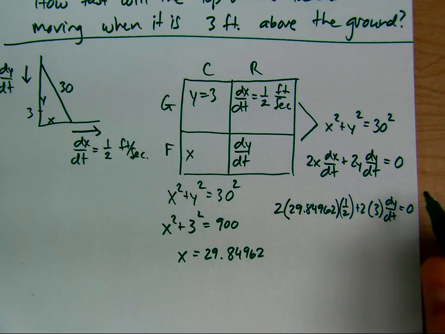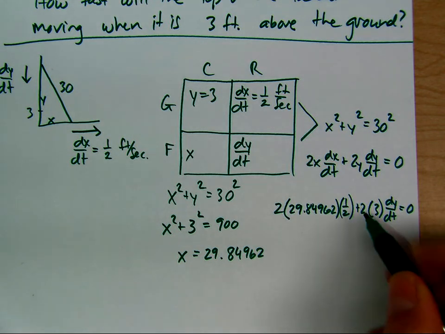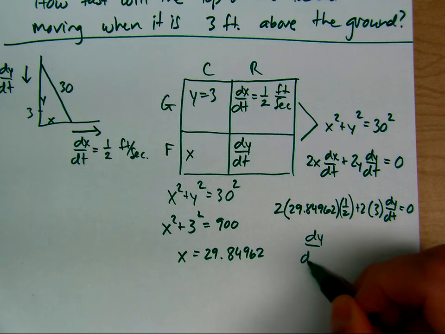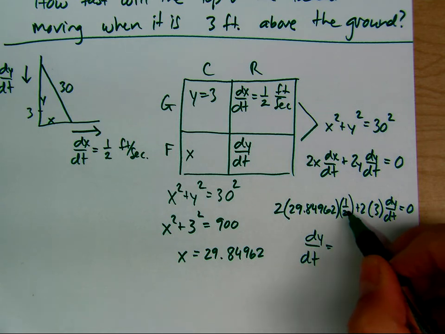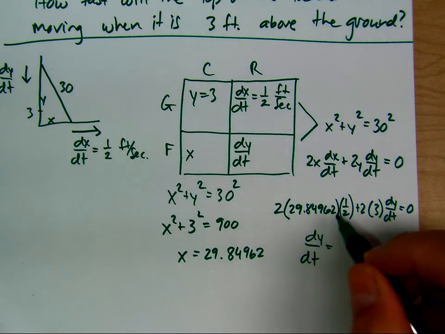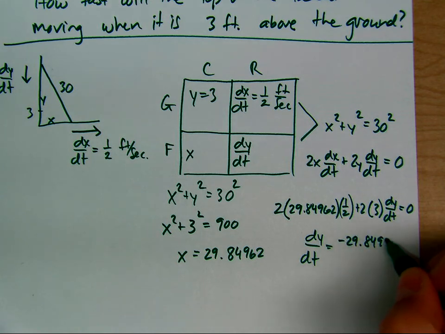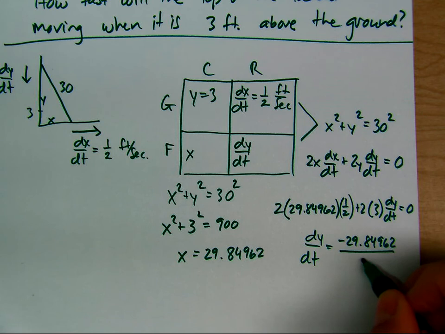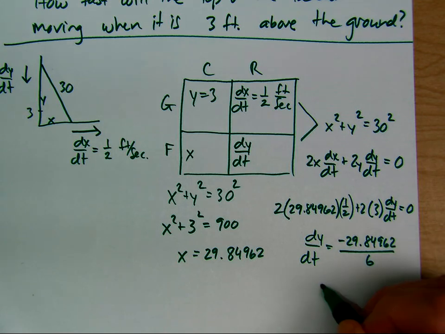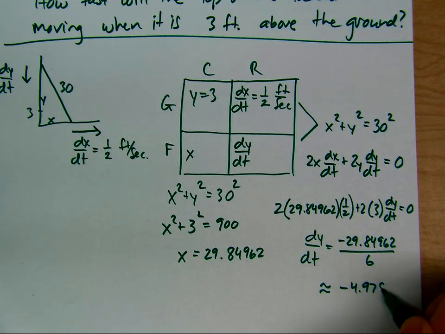So we're going to subtract and divide. dy/dt is, let's say, 1/2 of that is 1. So we just have negative 29.84962 divided by 6. And that is about negative 4.975 feet per second.